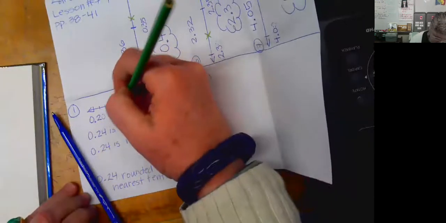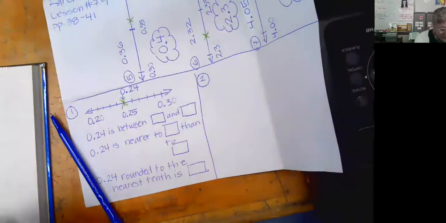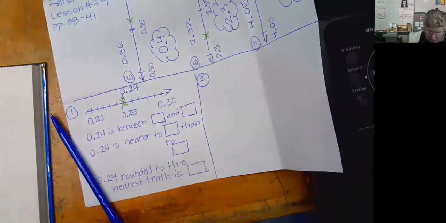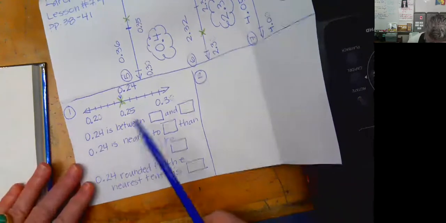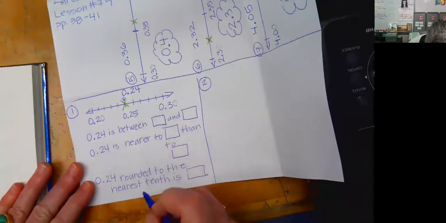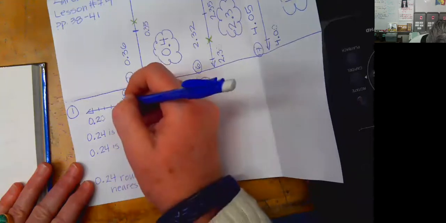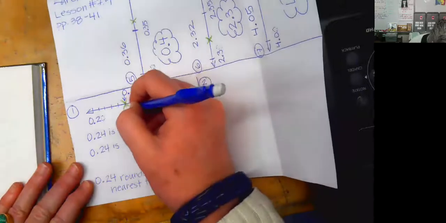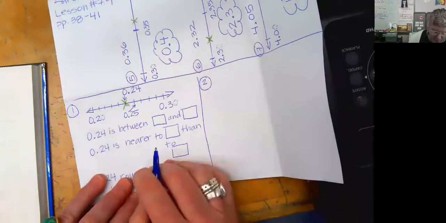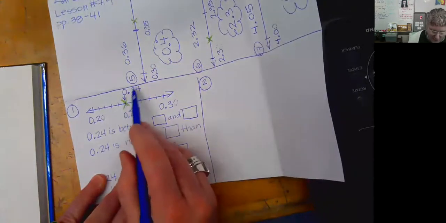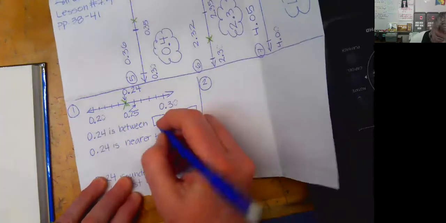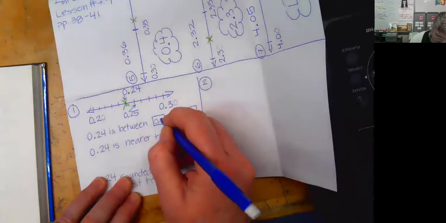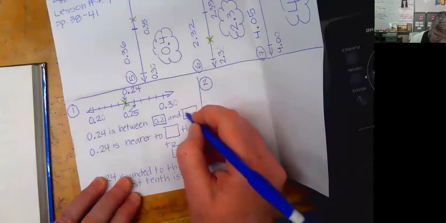So this is our X right here. And the green kind of helps us to see where we're at. Oh, I messed up. I put it on the wrong spot. This is going to be 25. Let's pretend that's 25. So this is going to be between 0.2 and 0.3.